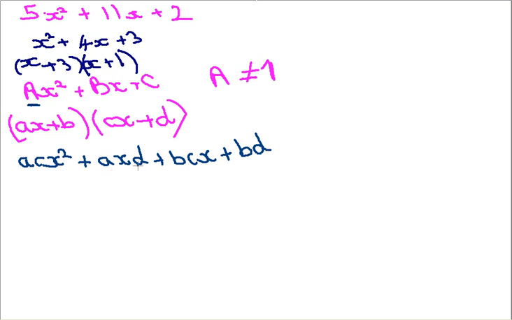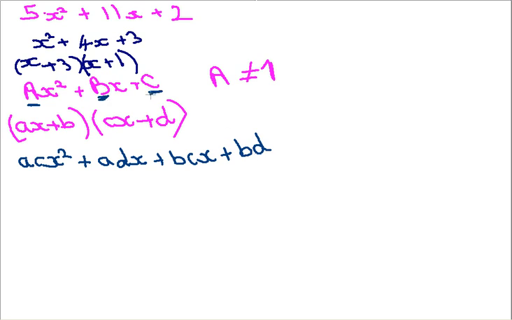That should really be adx. I'll change that now, it'll just make it a bit easier for us. So that will make it adx. Okay, so now you can see that ad plus bc is equivalent to b, and bd is equivalent to c.